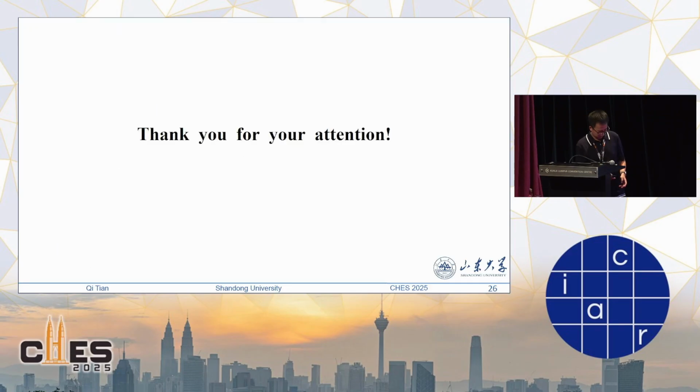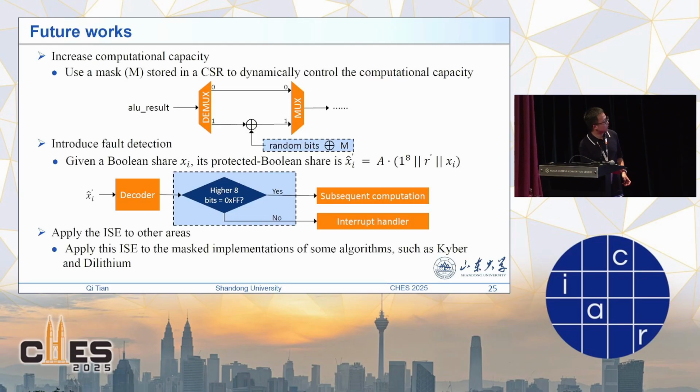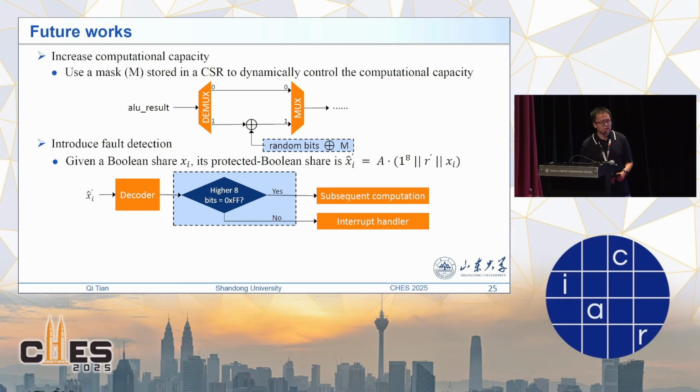Then, it is interesting to introduce error detection, which is for code-based masking. For example, we can divide the original 16-bit random number R into a fixed 8-bit constant of all ones and an 8-bit random number before encoding.